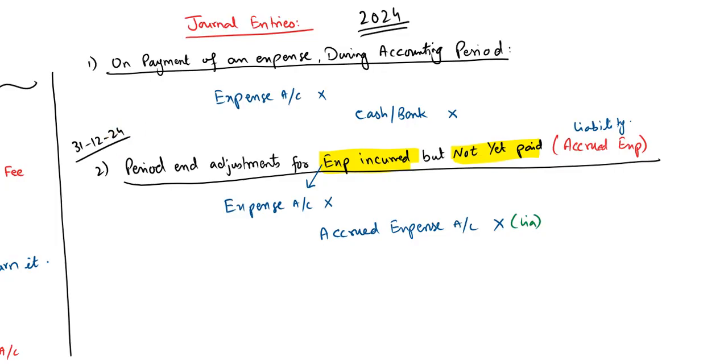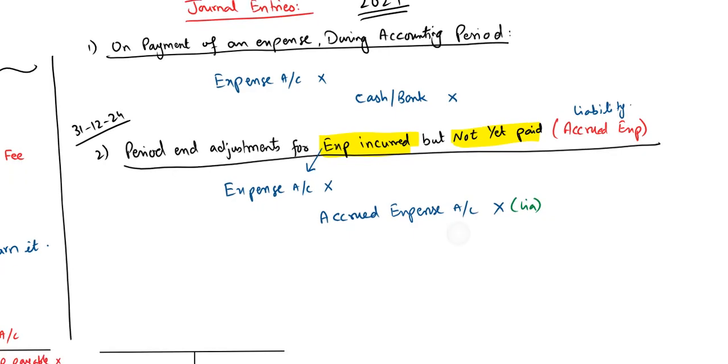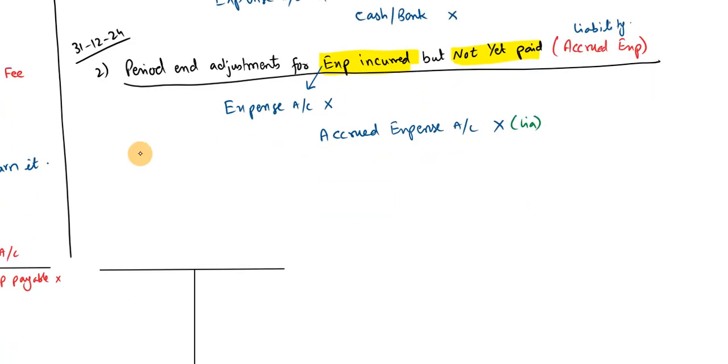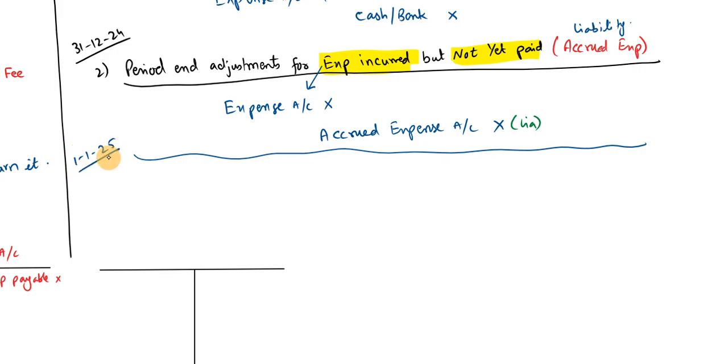So what entry will we pass in the next accounting period? The next accounting period will, for example, start at 1st Jan 25.